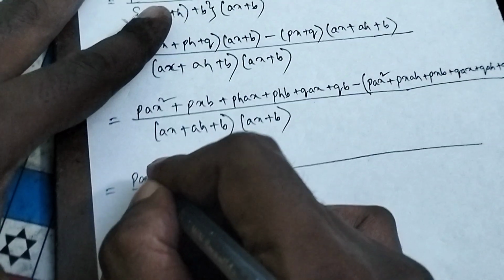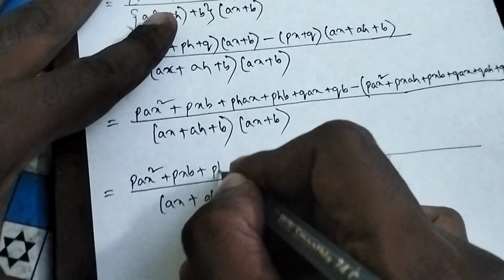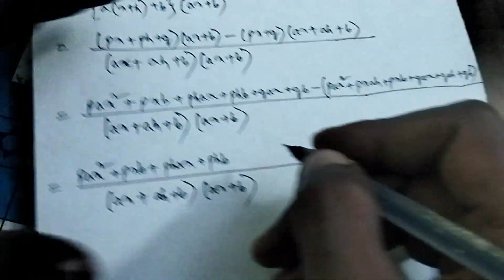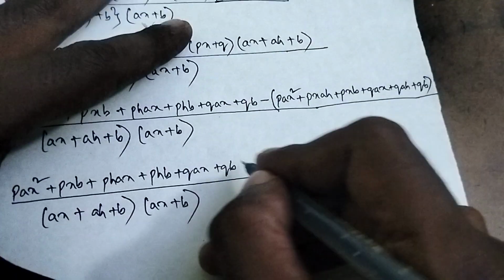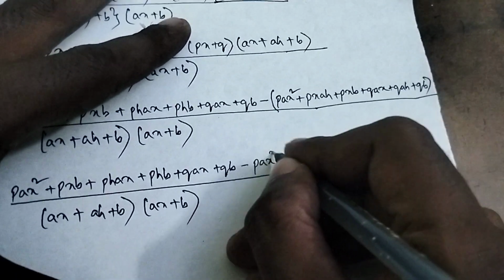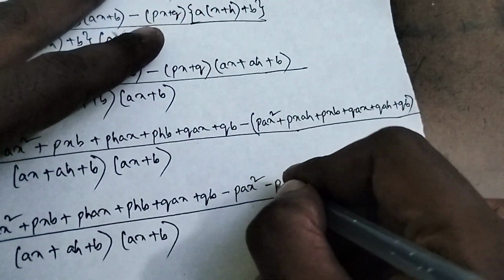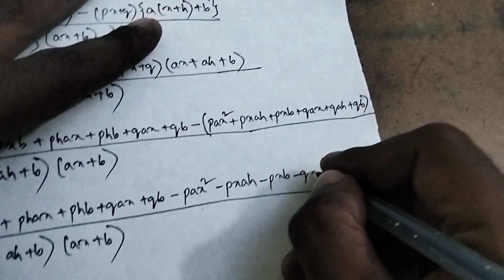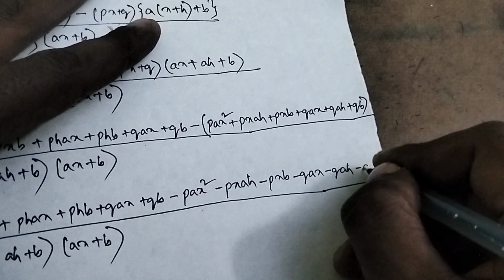Okay, it will be pax square plus pxb plus phax plus phb plus qax plus qb minus pax square, okay, minus pxah minus pxb minus qax minus qah minus qb.